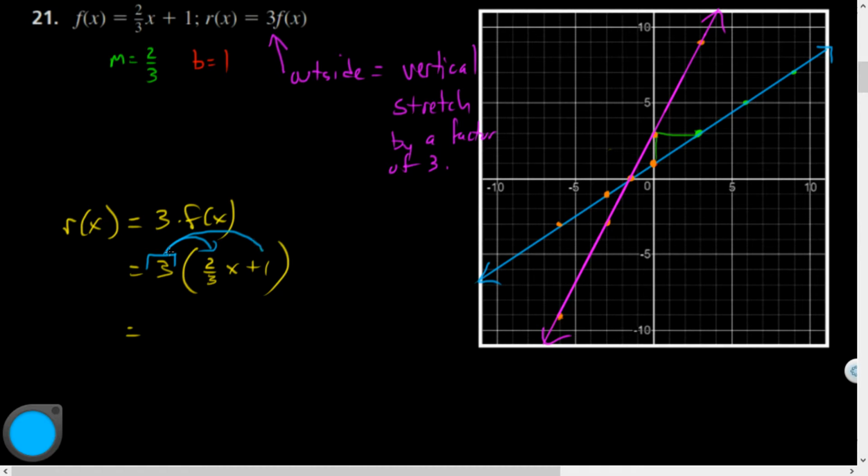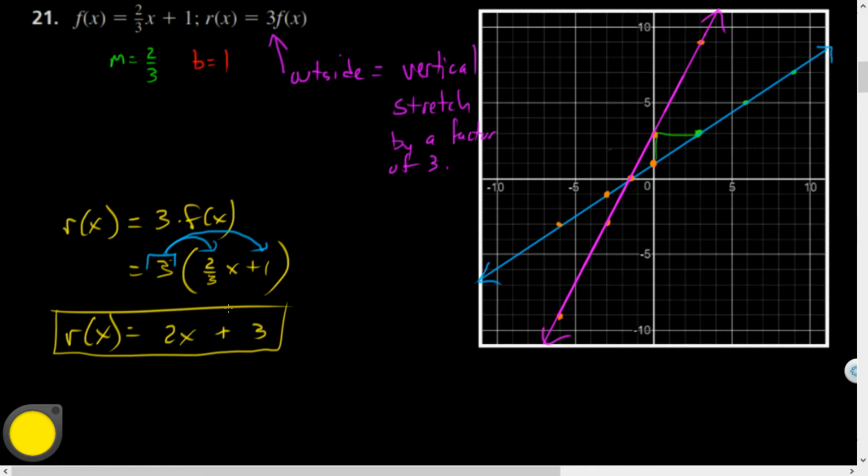Could distribute. Yeah. And notice the 3 times 2/3, those 3's would cancel out. I'd just get 2x. And the 3 times 1 is 3. So that means r of x, if I did this algebraically, should be 2x plus 3, right? I tripled this function, f of x, and I get r of x is this.